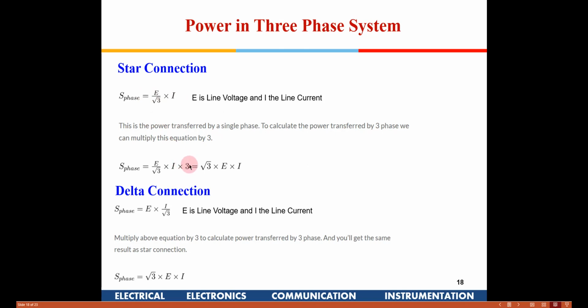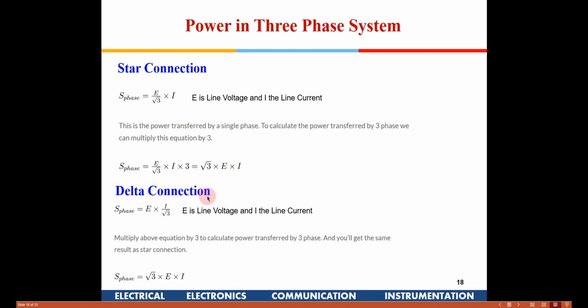So you get √3 E into I, where E is the line voltage and I is the line current. The power of a star connection is √3 times line voltage into line current.